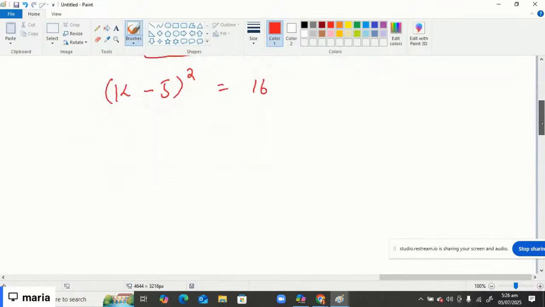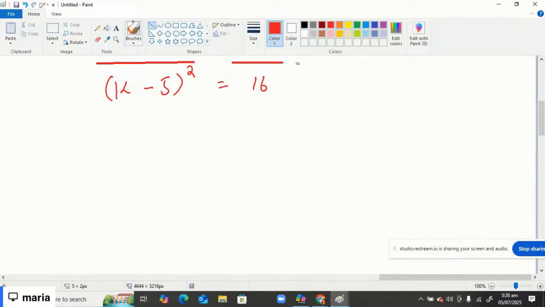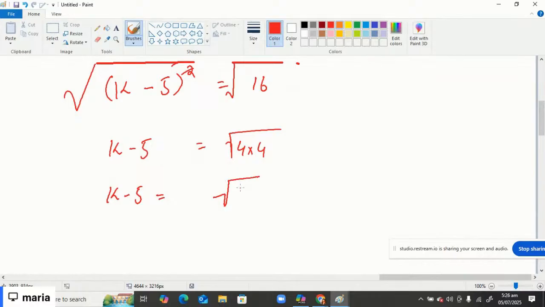Now just take the square root on both sides. So this is cancelled, that becomes k minus 5. And here also it cancels. Why? 4 times 4 is 16, and this is 4 square, that is cancelled, and now k minus 5 is equal to plus minus 4.